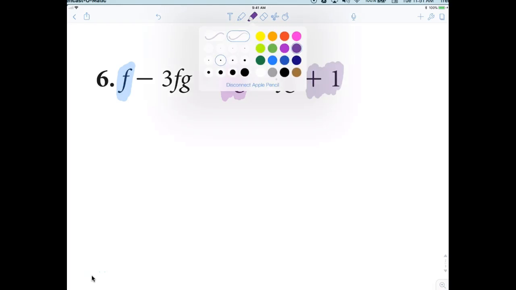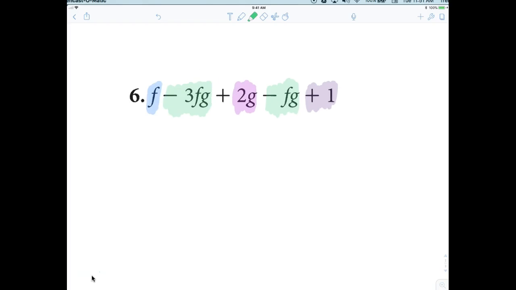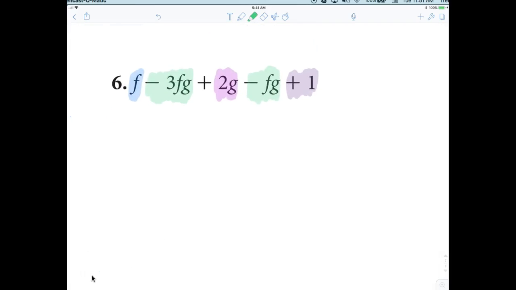Now, the important one. The only thing common with fg is what? fg. fg's go together. f does not go with fg, and fg does not go with g. Everybody hear me on this? You have to know that in order to be successful today.